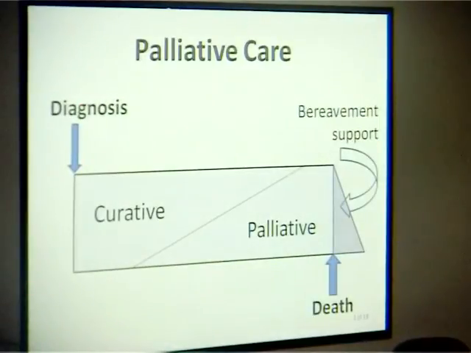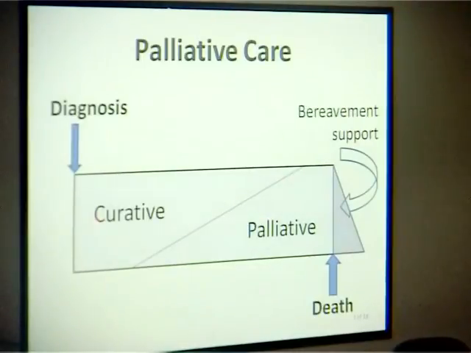So if this is a diagram of a person's life where the diagnosis of the cancer, breast cancer, happens, often, as you know, the curative, the chemotherapy, radiation, and all that starts. Ideally, palliative care starts coming in even before the end, ideally. Okay?